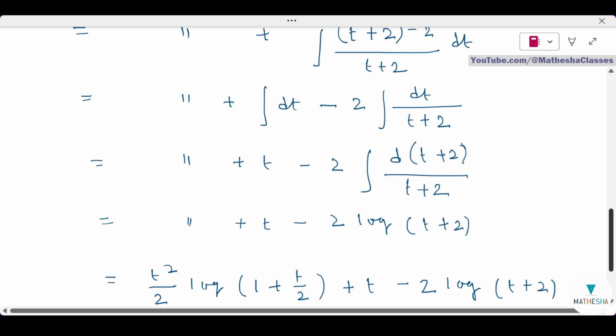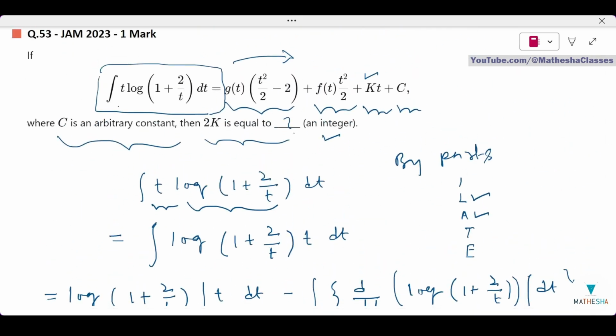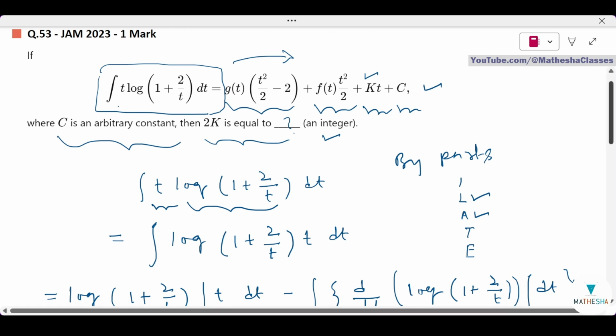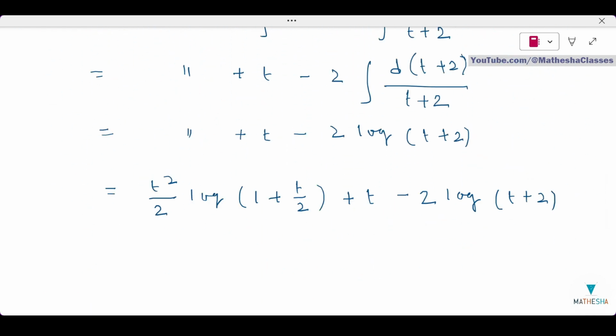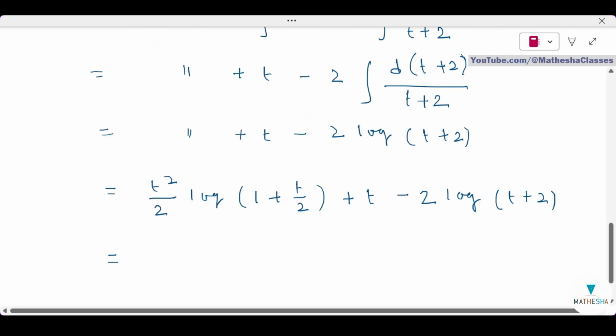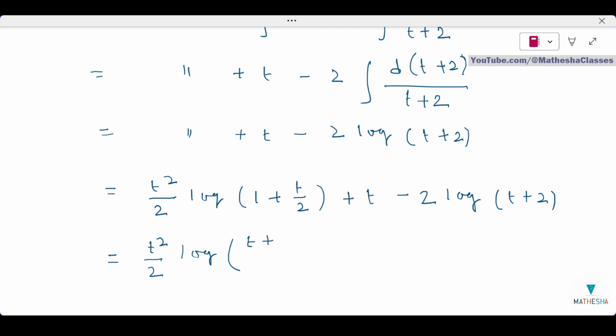Now note that this value of the integration has to be represented in the form of the right hand side. So what we'll be doing now is expressing the log as, inside the bracket, t plus 2 by 2, plus t minus 2 log of t plus 2.